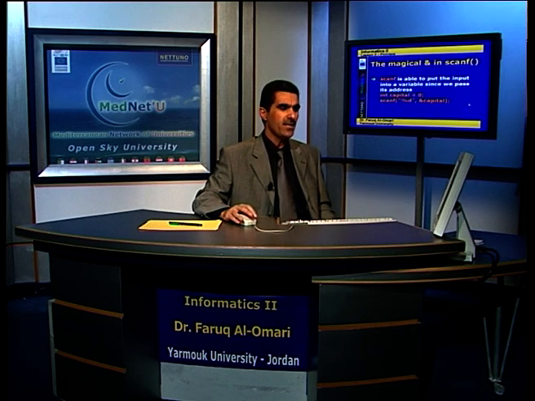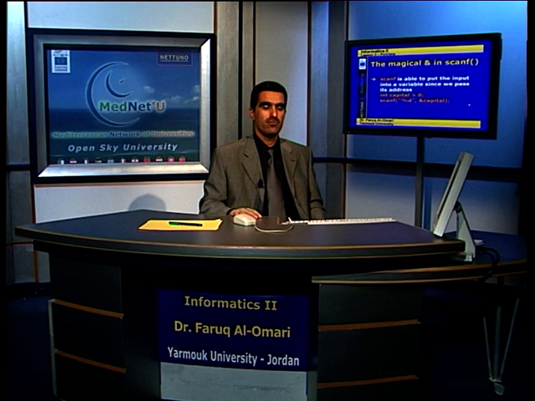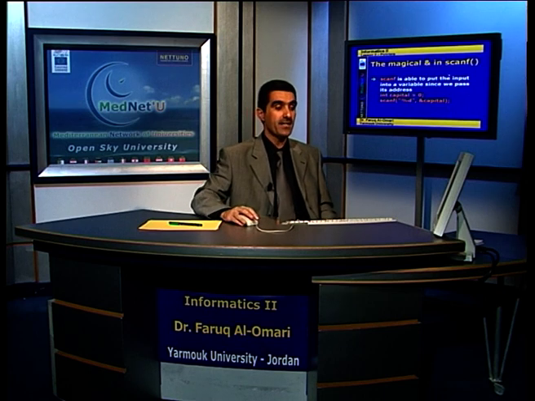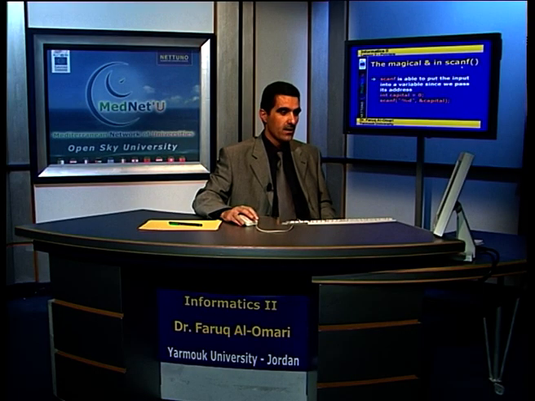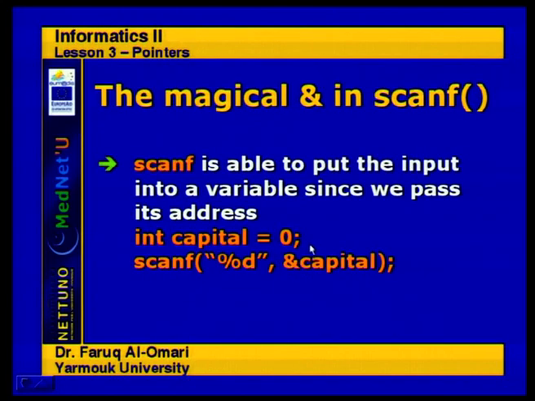Okay, in here it's just to remind you on the usage of scanf. And remember, scanf is the function which we use to read data from the keyboard, from the standard input device. Well, if you all remember, we used the AND character before the variable we want to read.